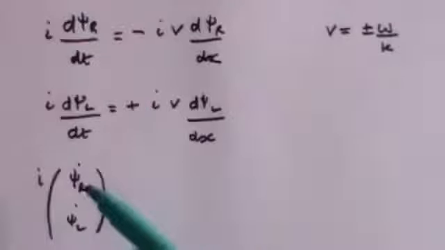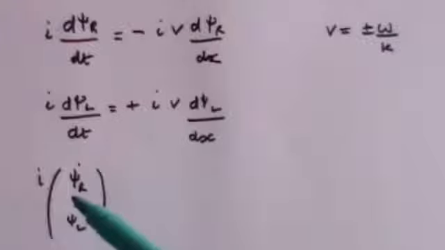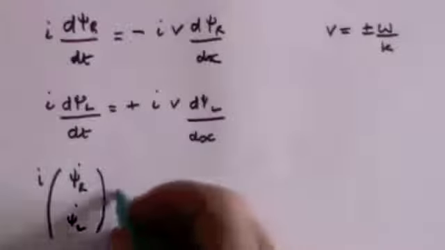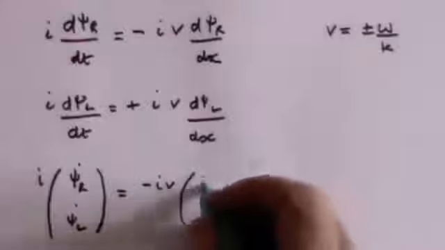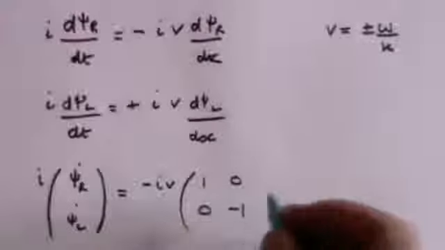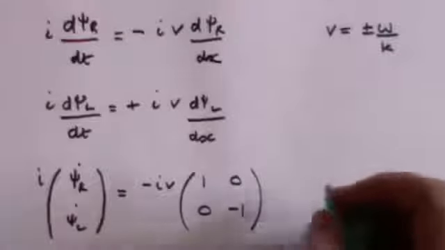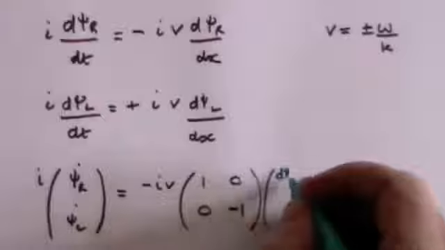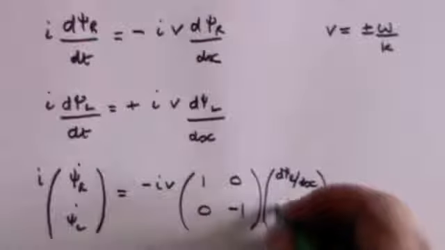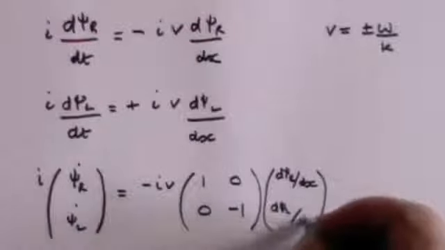Psi right dot is simply the derivative of psi right with respect to t. And that equals minus iv into a matrix 1, 0, 0, minus 1, times a vector d psi right by dx, d psi left by dx.